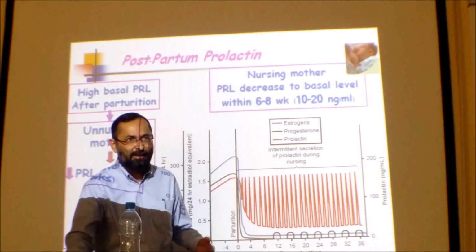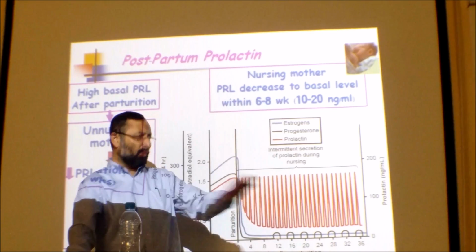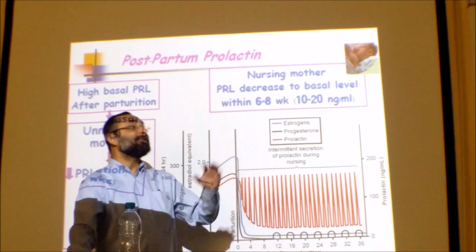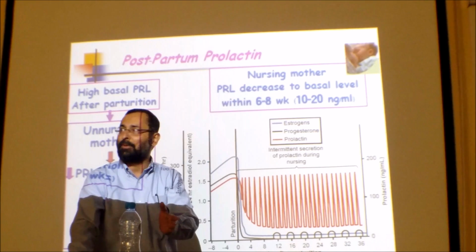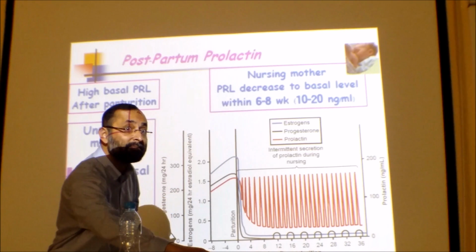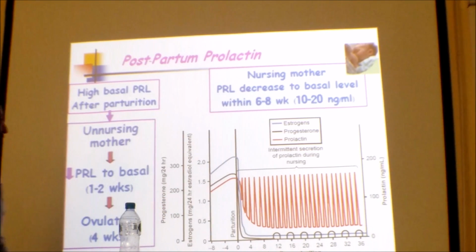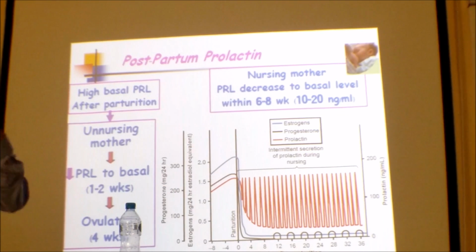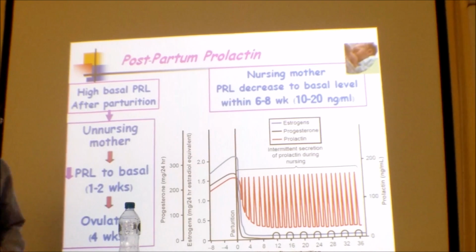Now the mother is feeding 3 times, 4 times, 6 times, 8 times, whatever the number is. At that time, prolactin will increase, and then again it will come to the baseline. PRL is the short form of prolactin, denoting prolactin as such.